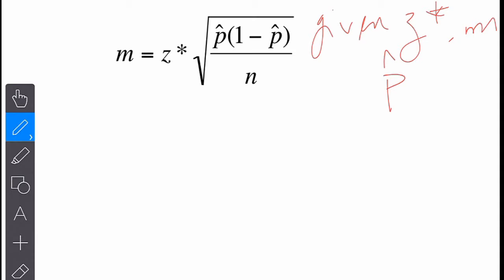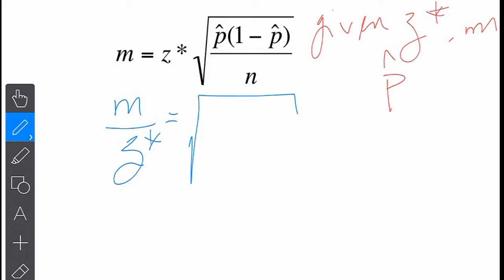So what you can do algebraically to solve this, to isolate n, is first take z star down, and that'll give you this. And now you can see where that square power comes from.